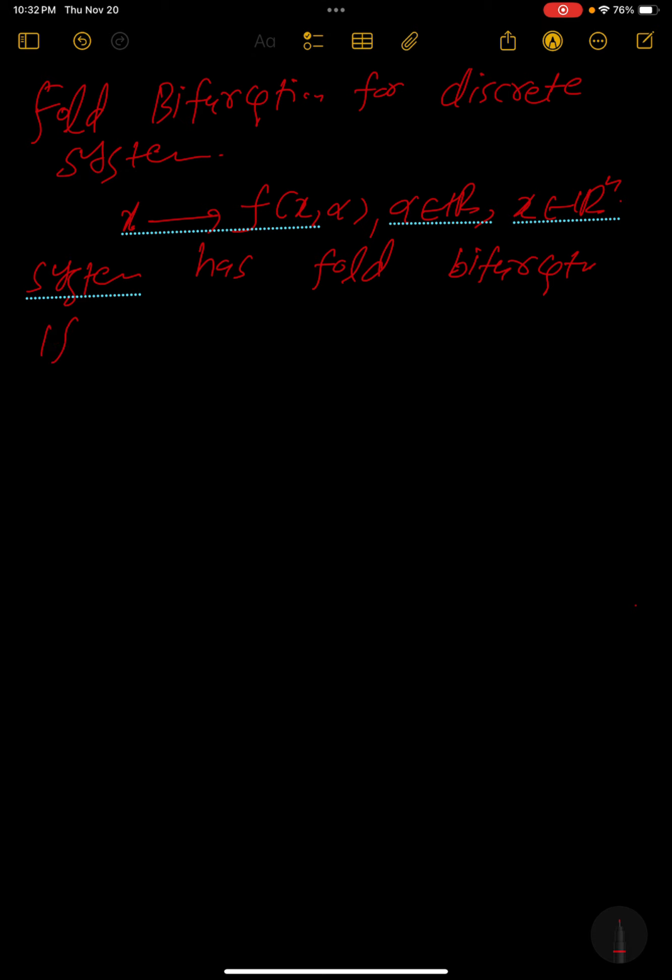Then we say that the system has a fold bifurcation if it has mu, which is f_x at alpha equal to 0 and fixed point x equal to 0, equal to 1.